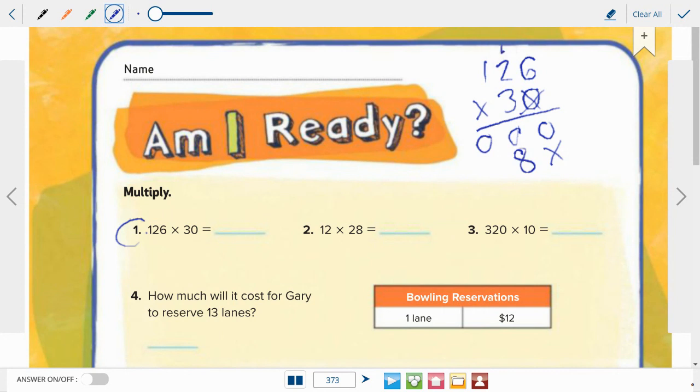Carry the 1. 3 times 2 is 6 plus 1 is 7. 3 times 1 is 3. Then we need to add. 0 plus nothing is 0. 0 plus 8 is 8. 0 plus 7 is 7. Nothing plus 3 is 3. So 3,780.